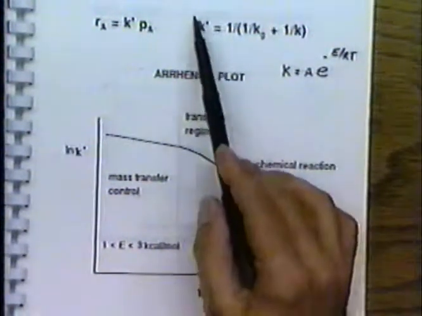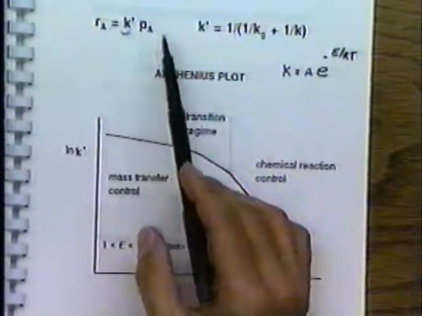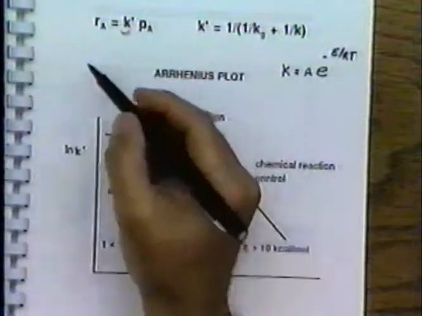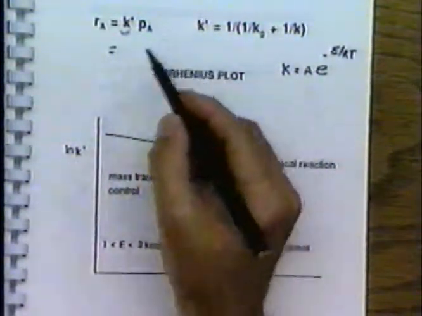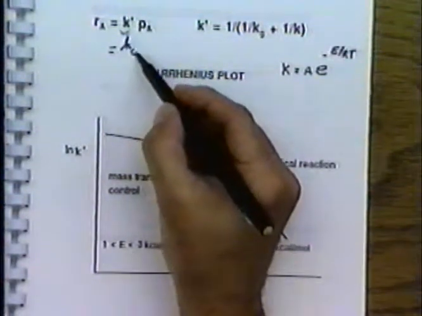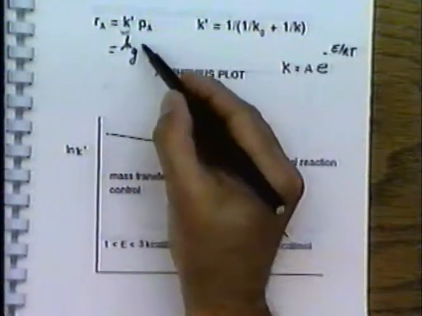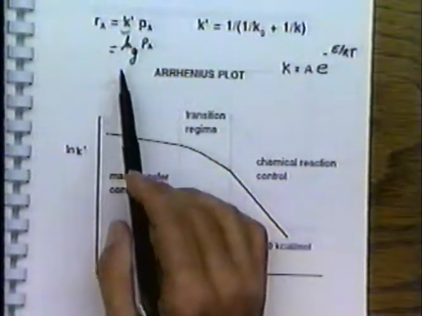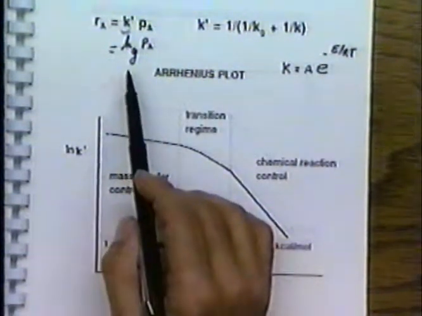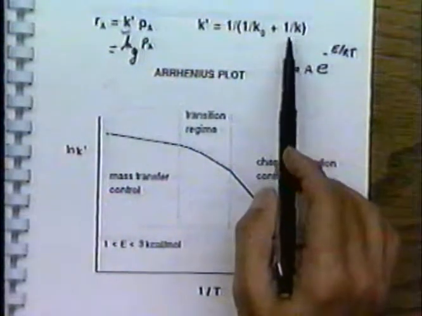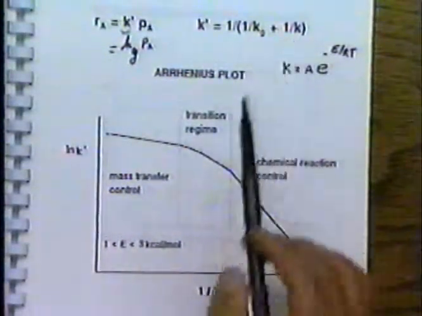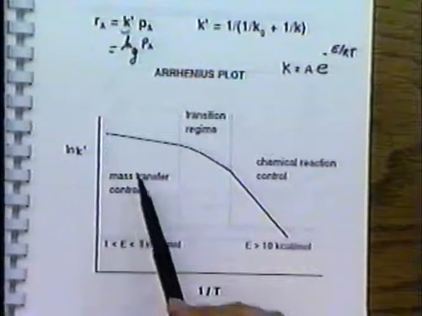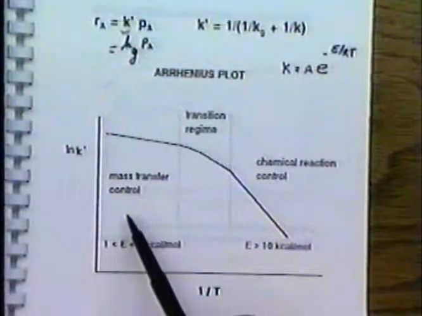Therefore, the reaction rate will be proportional to Kg PA. We will have a system controlled by mass transfer effects. The chemical reaction rate will not be important. And we are here: this is the mass transfer control regime.